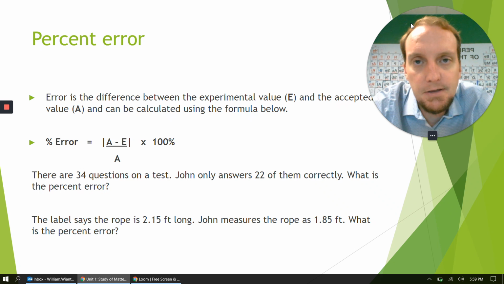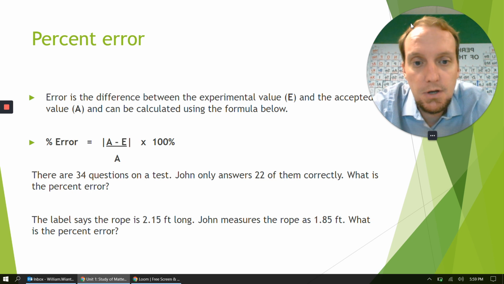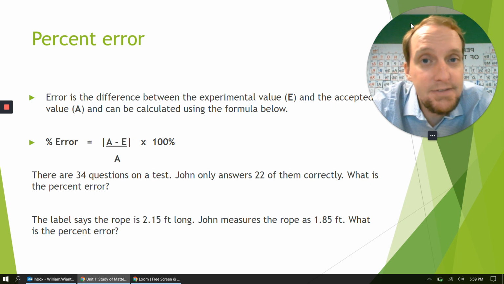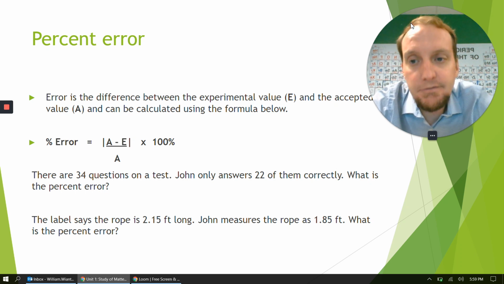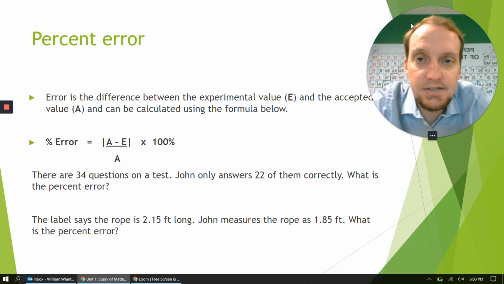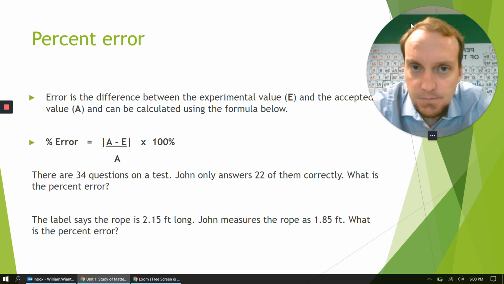The experimental would be what John was able to measure, which is 1.85. So we would do 2.15 minus 1.85. Again, that's going to be a positive value, but even if it was negative, don't worry. Divide that by the accepted, 2.15. That will give you a small decimal, multiplied by 100, and that will tell you the percentage that he is off from the actual value of 2.15 feet. So that's called percent error.